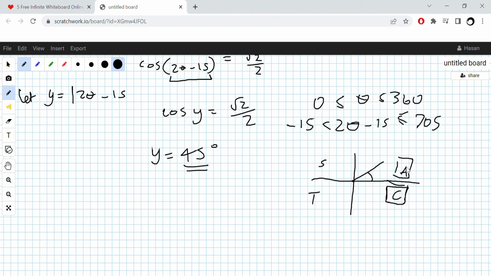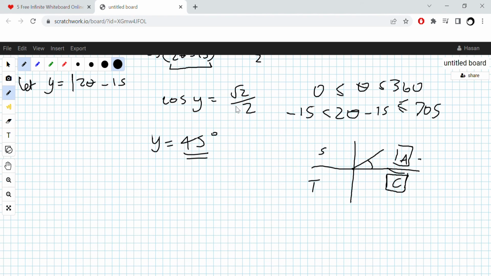This is 45 degrees, as we know. To find this angle, you would do 360 degrees minus 45 degrees, which gives you 315 degrees.